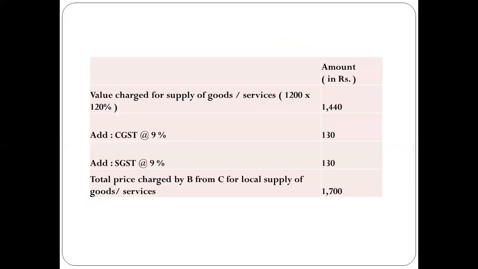Now, value charged for supply of goods or services at 120% on 1200 amount is 1440. Add CGST at 9%, 130 rupees. Add SGST at 9%, 130 rupees. The total price charged by B from C for local supply of goods or services is 1700.